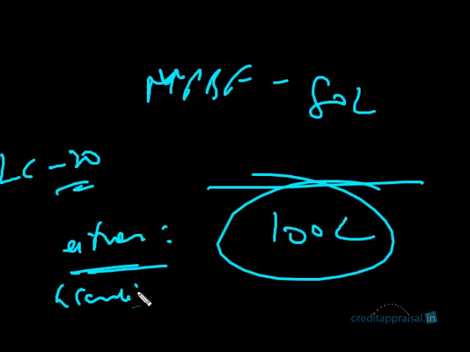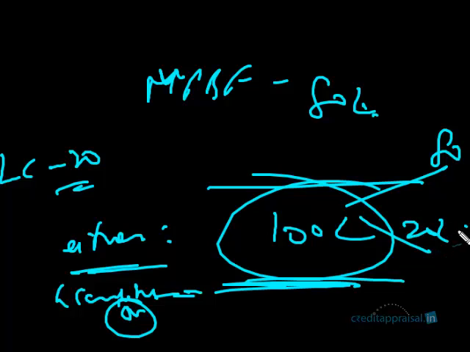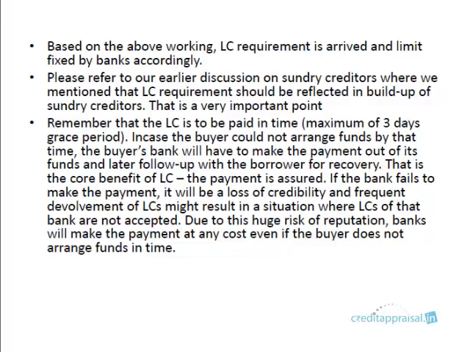Either your LC creditors should be reflected in your balance sheet, or your MPBF should include that LC limit also. So out of this 100 lakhs, 80 lakhs will be CC and 20 lakhs will be LC. Either this or that. But it's always better to show your LC creditors as part of your balance sheet creditors.